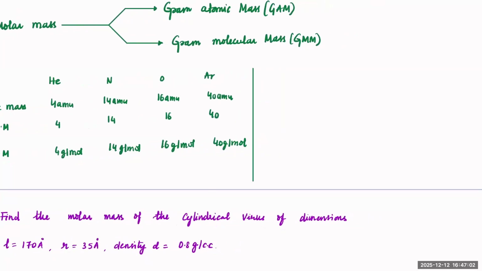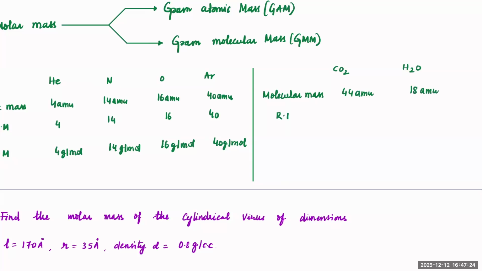Similarly, I can add some molecules like, let's say, carbon dioxide and H2O. For such cases, you will be writing what is molecular mass. Molecular mass, you will write it as 44 AMU. This is as 18 AMU.